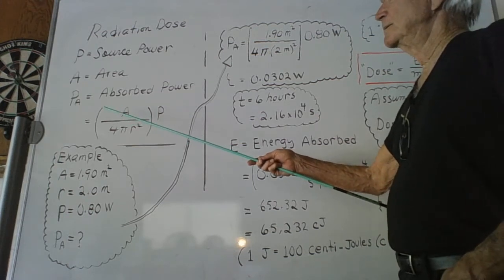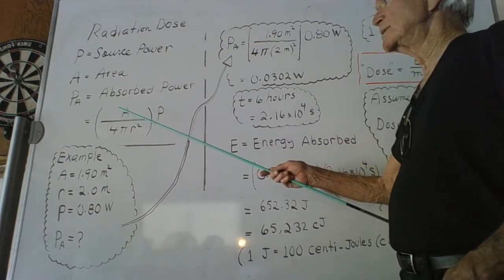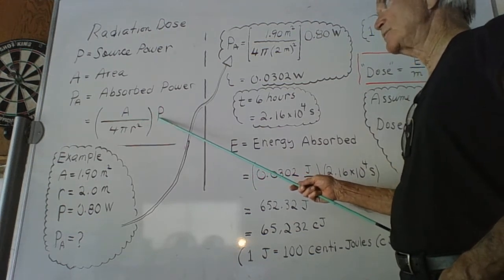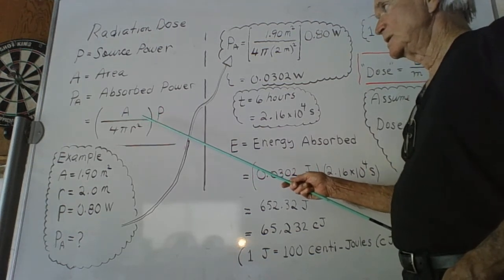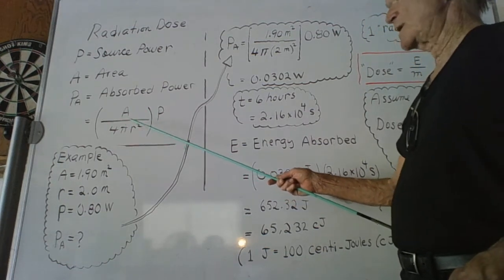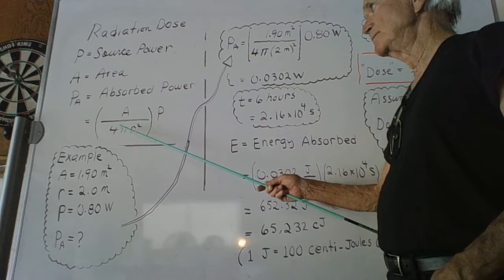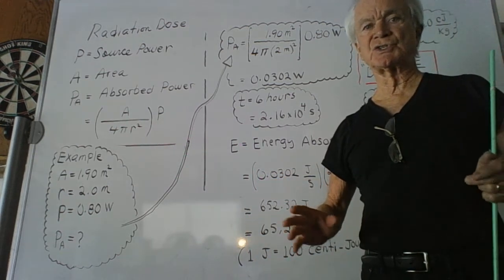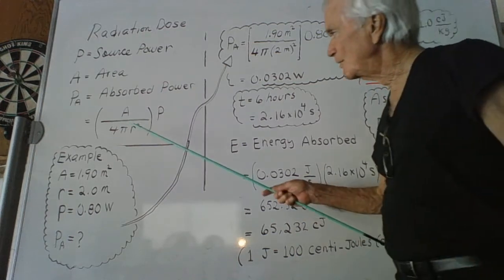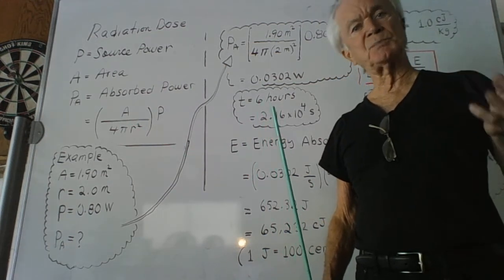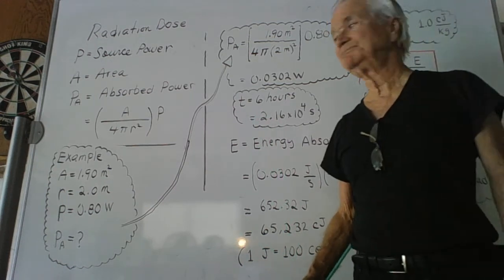The power absorbed is a certain fraction of the broadcast power from the source P, and that fraction is the ratio of the areas: the area of the person divided by the area of an imagined sphere whose radius is r, where r is the distance from the radioactive source to the person, measured in meters.